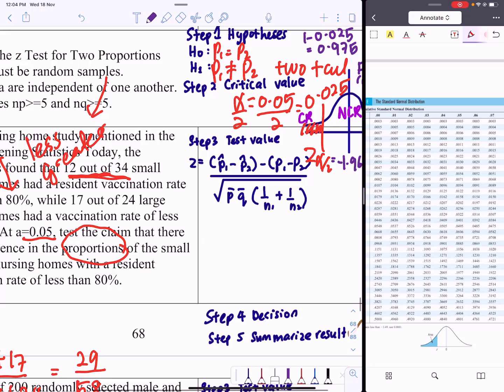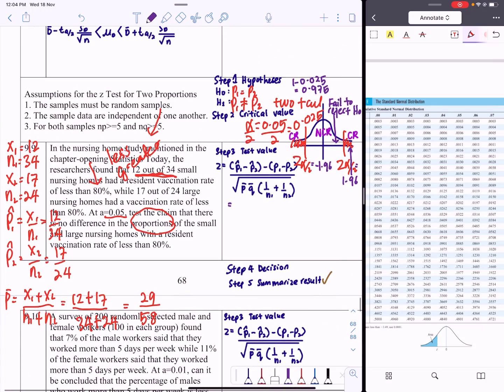Then we go to step 3, the test value. Then we insert all the values for the test value: 12 over 34 minus 17 over 24, divided by the square root of P times Q. This one is 1 over 2, 0.5.